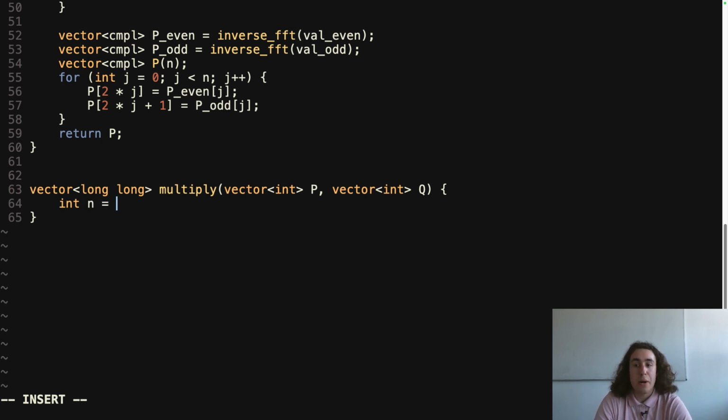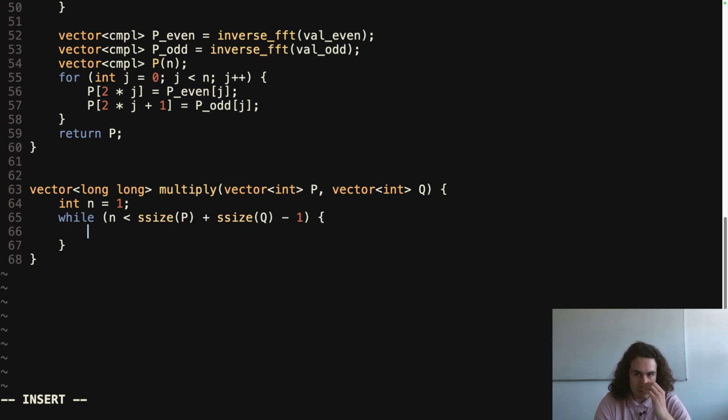First, we need to find a power of 2 that is large enough, right? As I said at the beginning, the size of r is going to be size of p plus size of q minus 1. So we need a power of 2 that is at least size of p plus size of q minus 1.